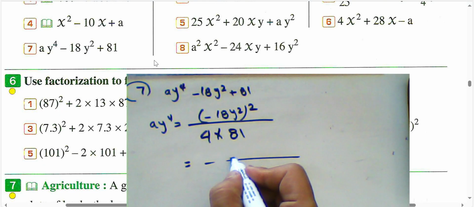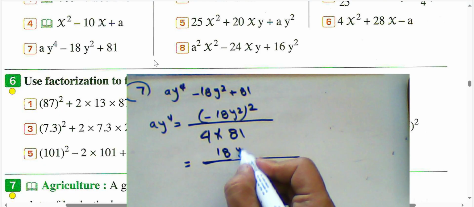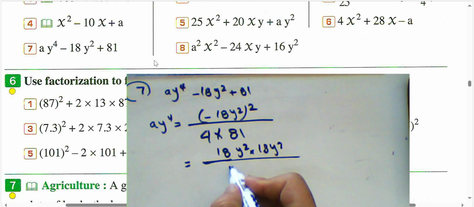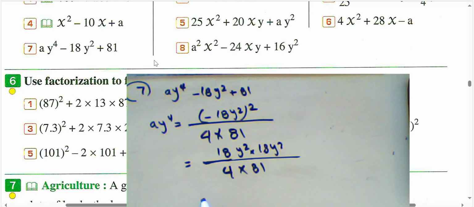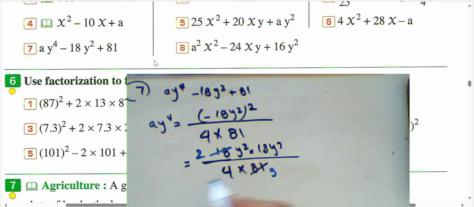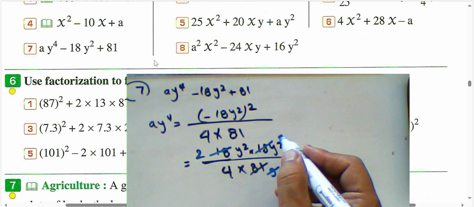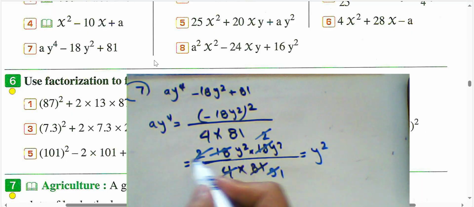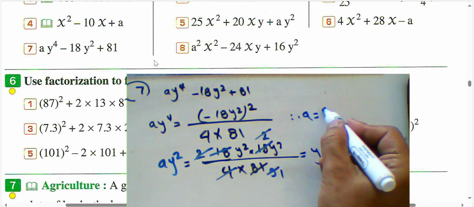We have 18 y power 2 times 18 y power 2, negative times negative is positive, over 4 times 81. We can simplify by dividing by 9. 81 divided by 9 equals 9, and 18 divided by 9 equals 2. 9 divided by 9 is 1. 18 divided by 9 equals 2. And then 2 times 2 is 4. 4 divided by 4 is 1. Then we have y power 2. Then a y power 4 equals y power 2. Then the value of a is the coefficient of y power 2, 1.